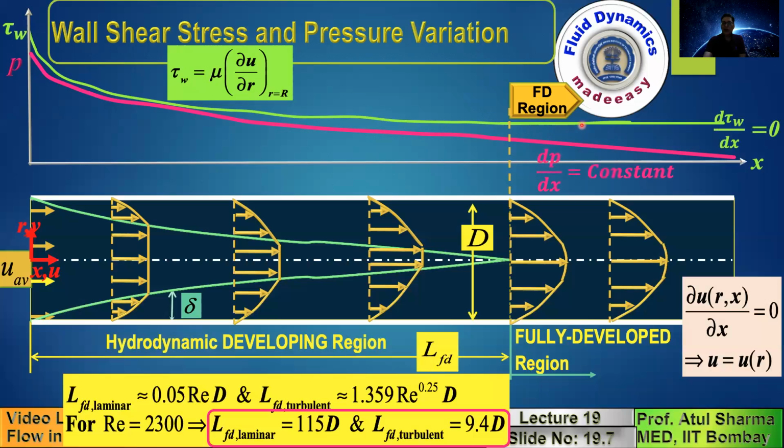So once the flow becomes fully developed, the change in the wall shear stress is equal to 0, and dP by dx becomes constant because the pressure per unit length experiences the same viscous resistance. So per unit length, there is a constant drop in the pressure. This I will also show mathematically in the upcoming slides.